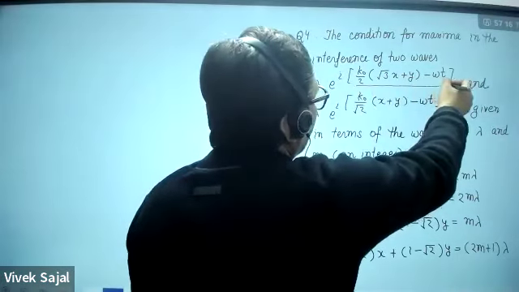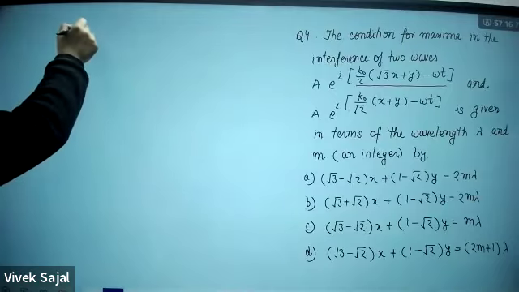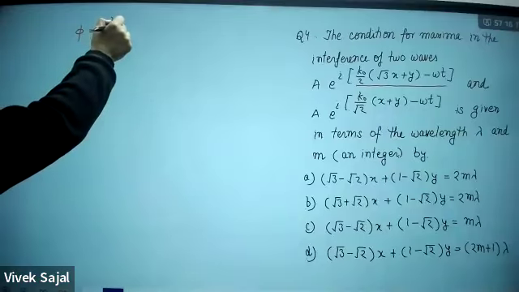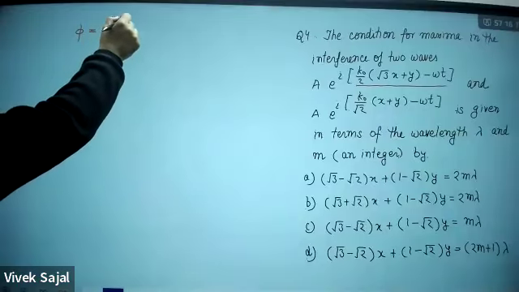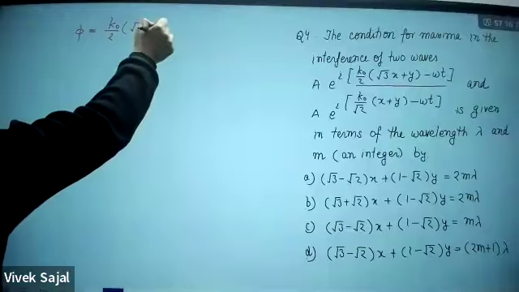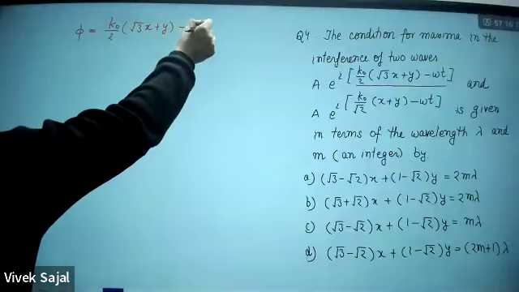This is the phase of the first wave. Okay, so phi 1, I'm writing phi 1. Phi 1 is how much? K naught by 2, root 3 x plus y minus omega t.